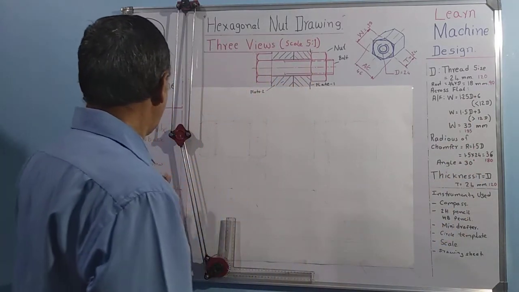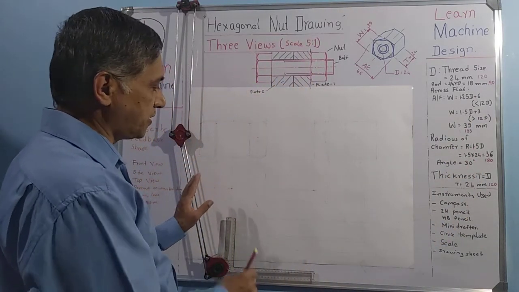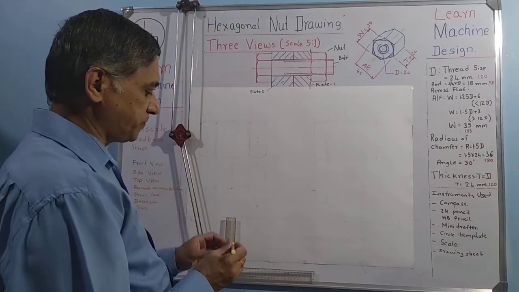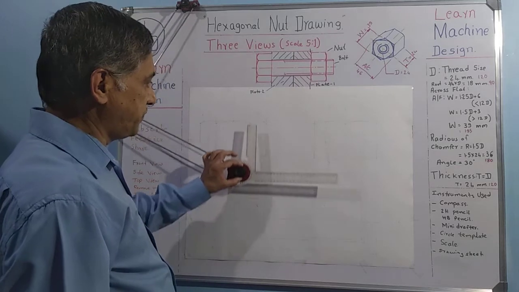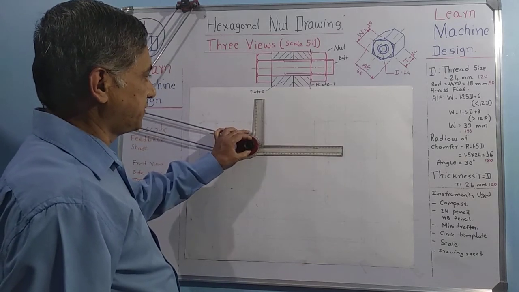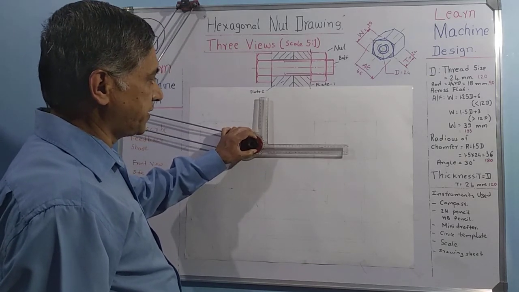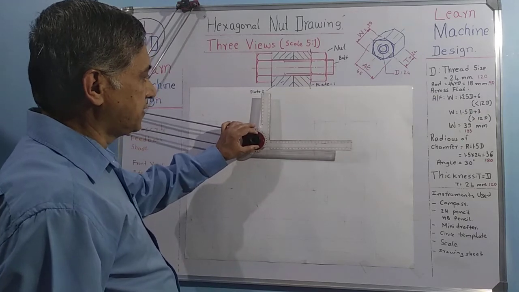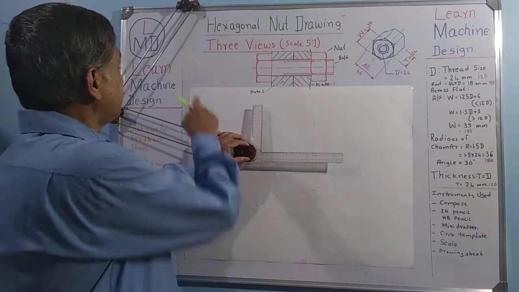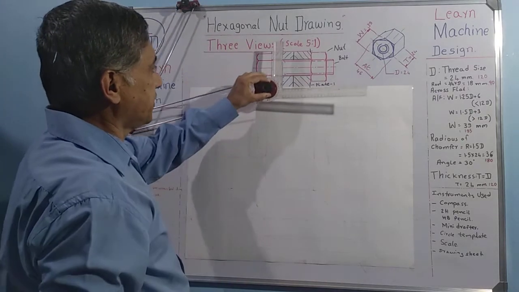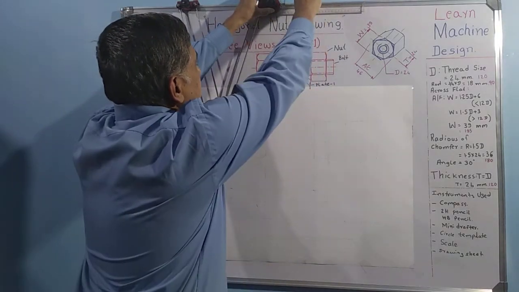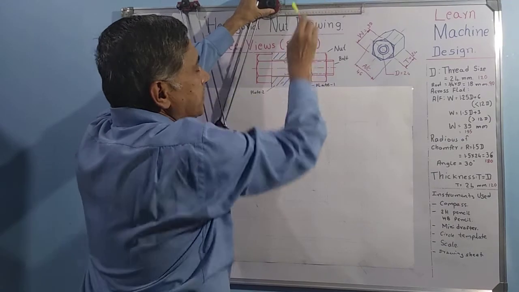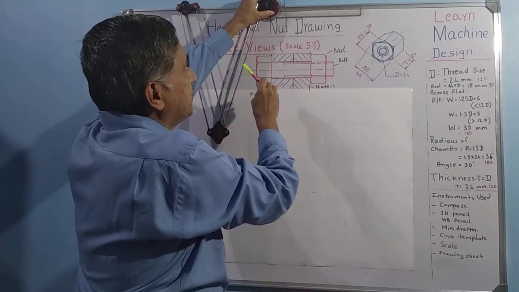And I will show how to draw this. First, we have to take and fix this mini drafter like this. To fix this mini drafter, there are some skills, and after fitting it, we have to check that this should be parallel to this. In such a way we have to fix this.